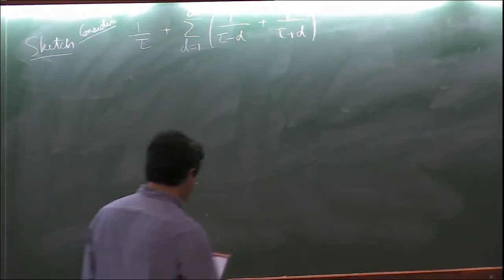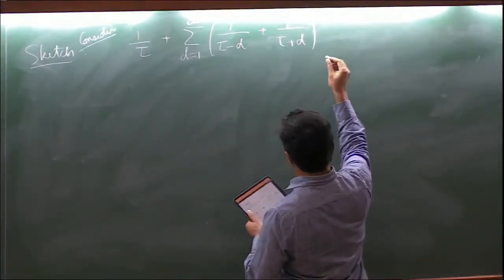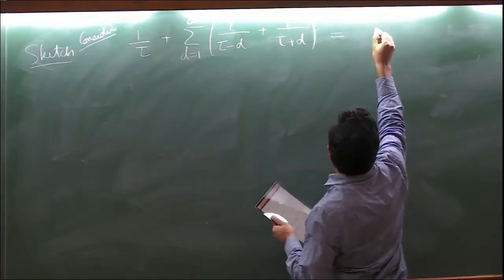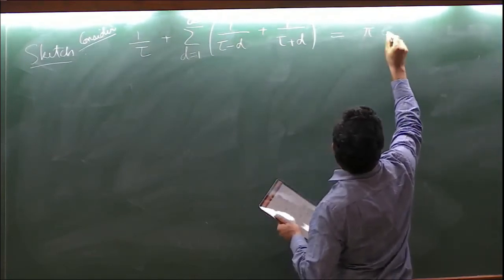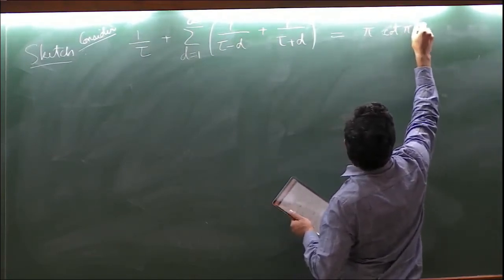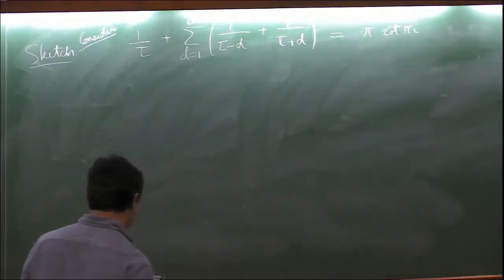So you have to use this kind of thing. Okay, so this, pi cotangent of pi tau. So you have to use this formula, it's a well-known thing.